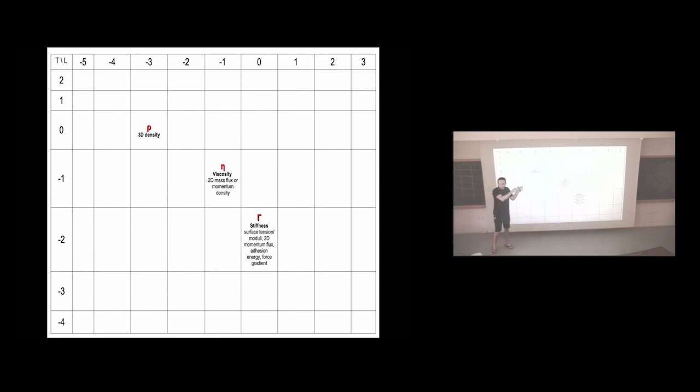So I gave you last time this little piece of paper. Did anyone try to think about other places on this table, and what are the things that we might all know that would be on this table? Yes. So where would pressure be?